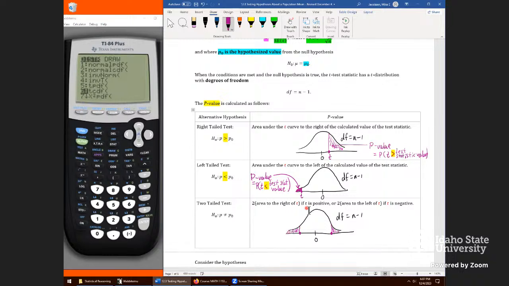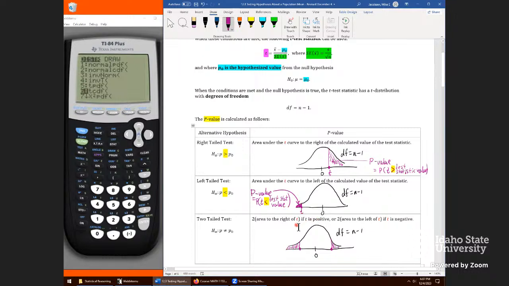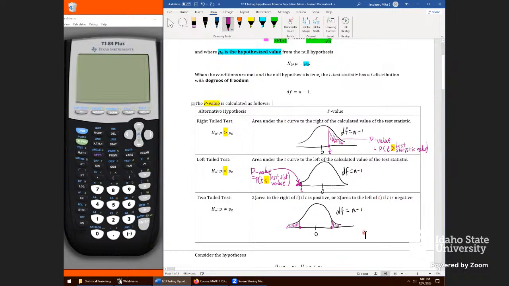So this formula is tricky because your test statistic t could be either positive or negative, but we want both of these areas no matter what t is. So let's write out here. Let me see if I can put in just a little bit more space. No, I cannot. It's really kind of tight. If we page up a bit. There we go.